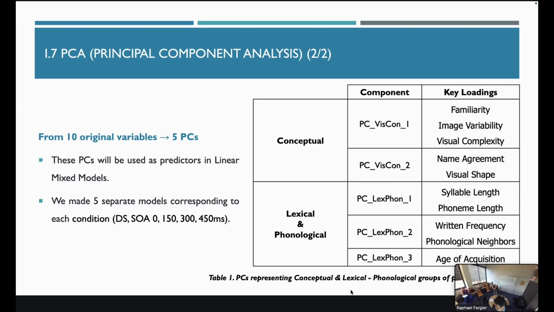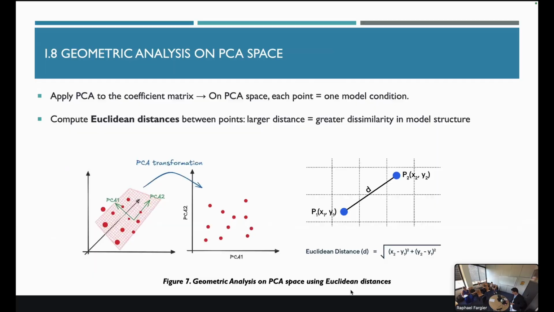Or PC Lexicon 3 is contributed mostly by age of acquisition. So these PCs will be used as the predictors in the linear mixed model, and we made 5 separate models corresponding to each condition: DS, SOA 0, SOA 150, 300, and 450 milliseconds.